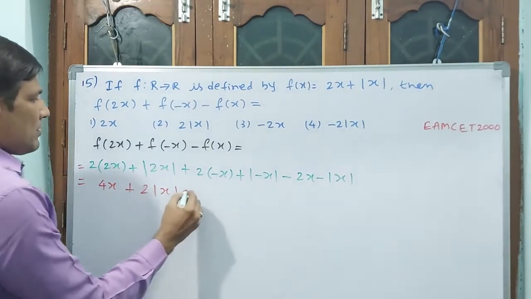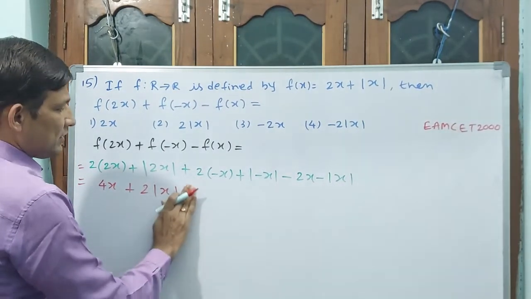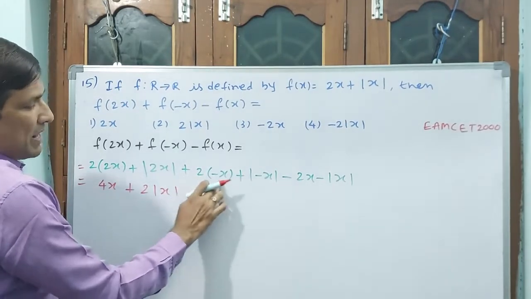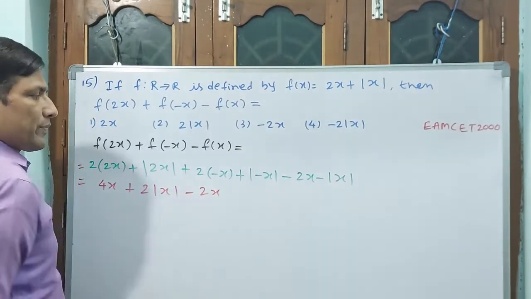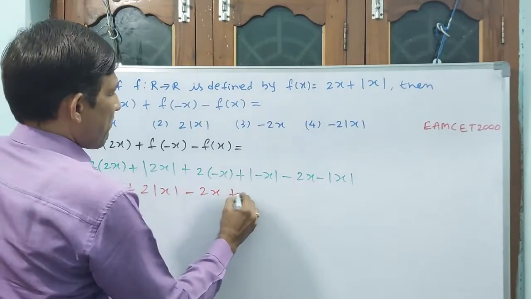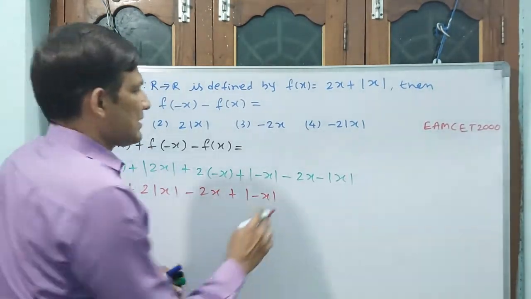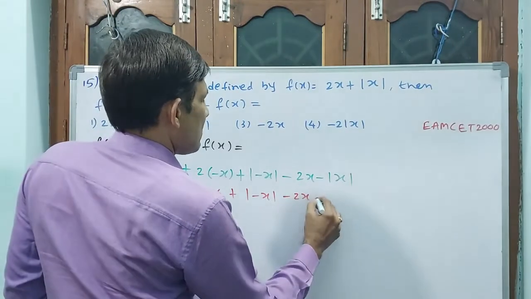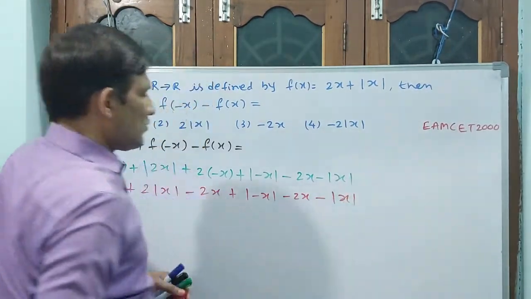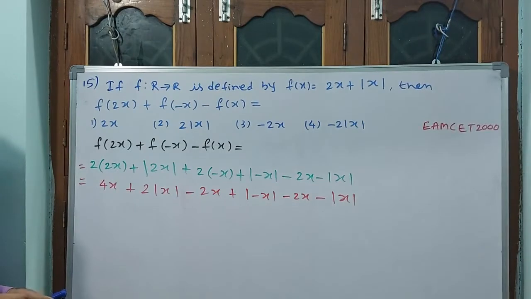Then minus 2x. Plus modulus of minus x, you keep it like this only, we will do it afterwards. Minus 2x minus modulus x. Is it okay?